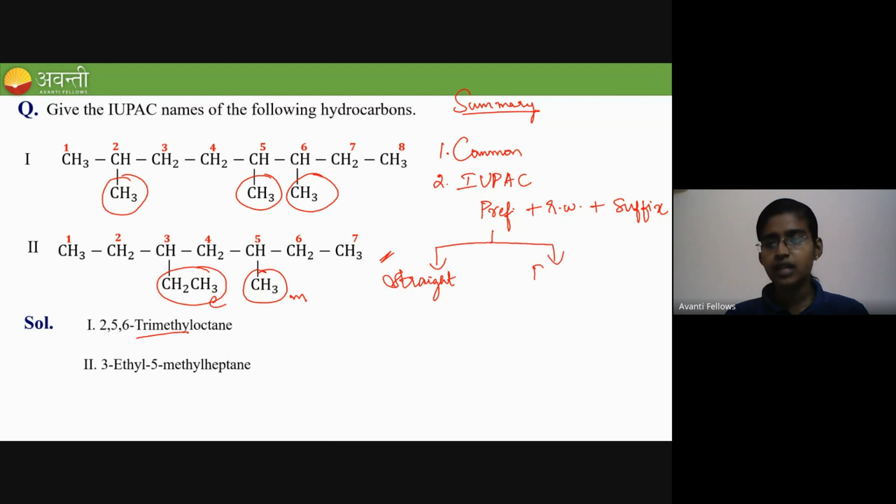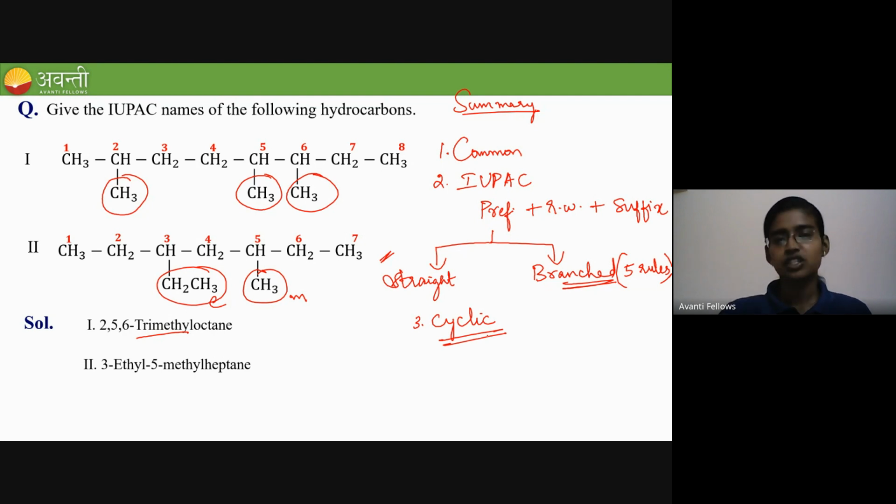For branched systems we have to follow some rules, and we have seen 5 rules. And lastly, we have seen the nomenclature for cyclic compounds. Tomorrow we will go with the nomenclature for systems having functional groups.